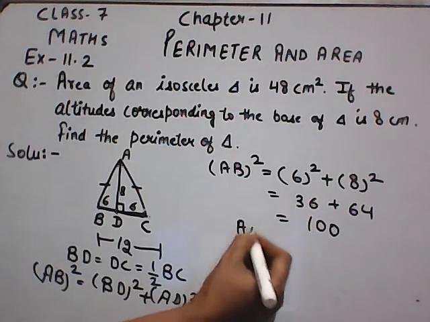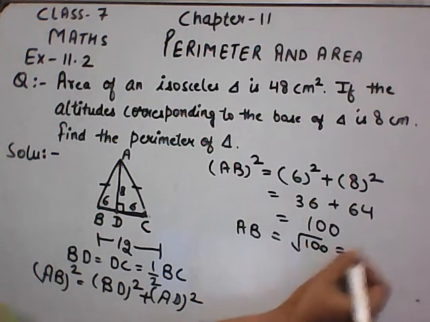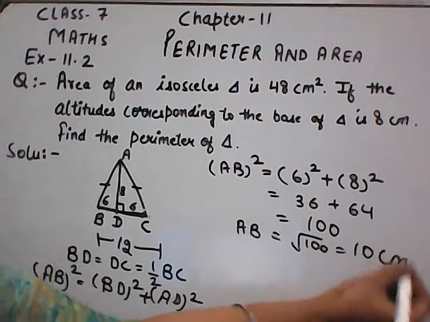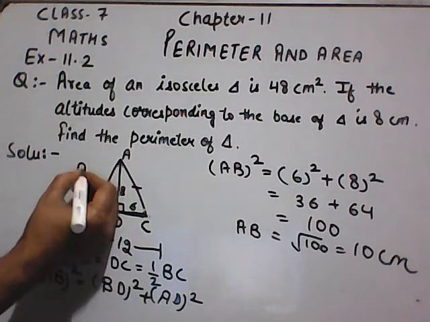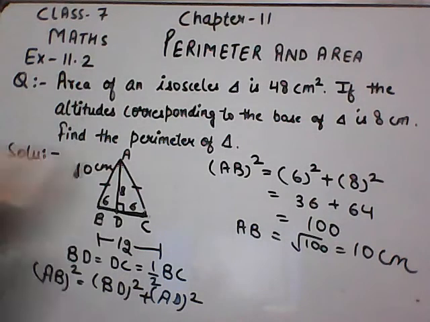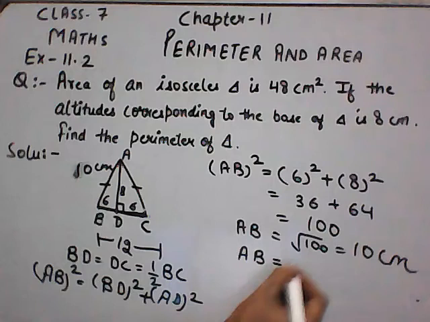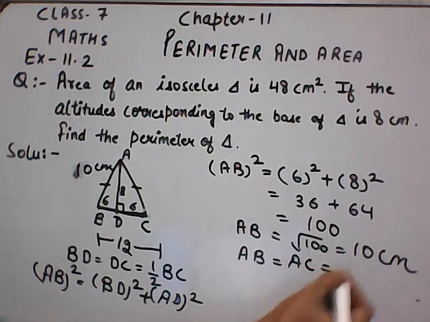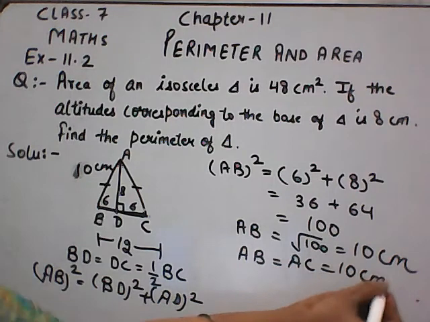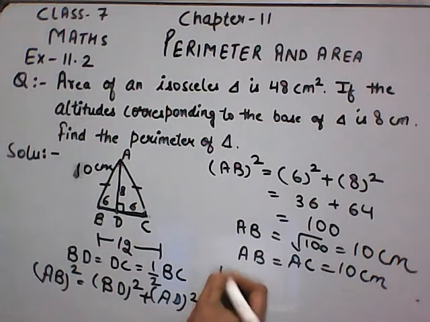Now AB is equal to under root 100, which is 10 centimeter. It is given to you that the triangle is an isosceles triangle, so AB and AC two sides are equal. AB and AC both are equal to 10 centimeter. BC is 12 centimeter.